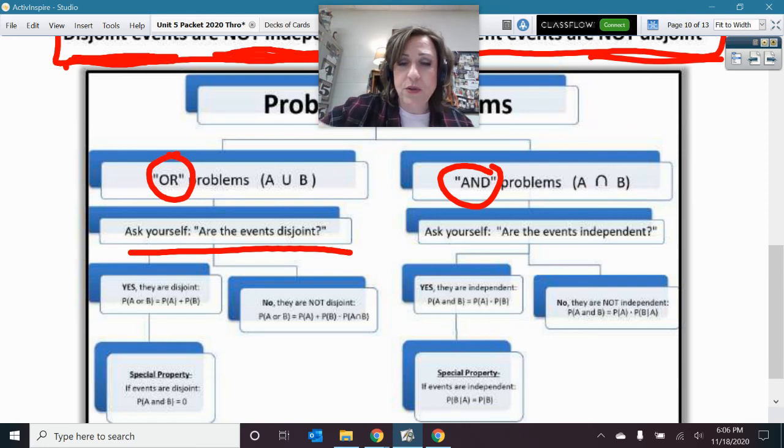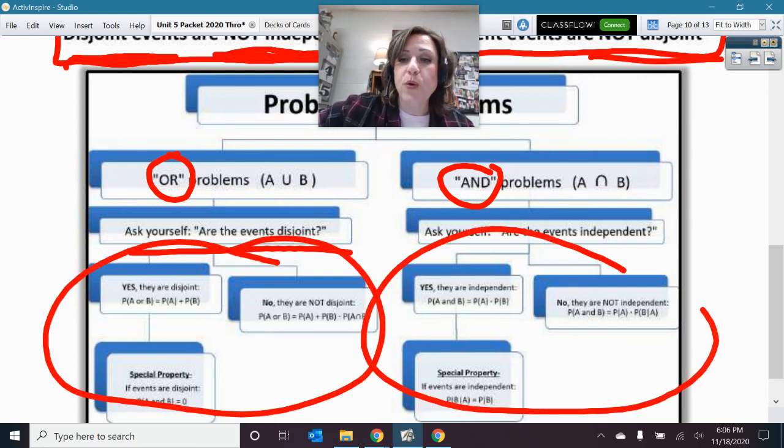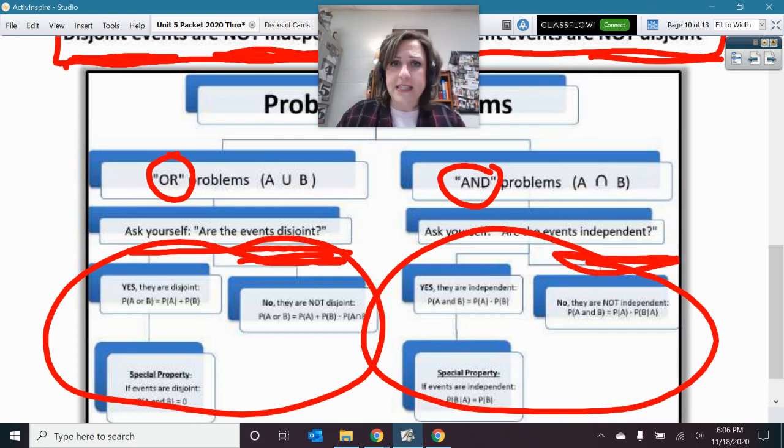Because when we get to the section after Thanksgiving, we're going to get into some more complicated formulas, and so then we'll want to reference this back. This shows you that understanding this idea of disjoint and independence is going to affect how we do the math and how we decide to proceed with finding our probabilities.